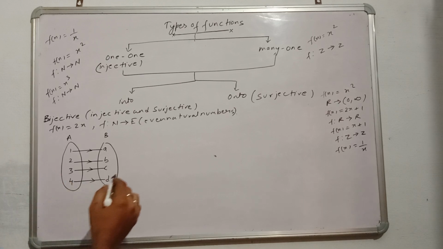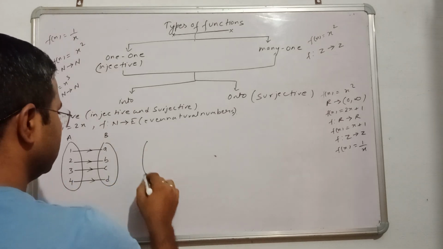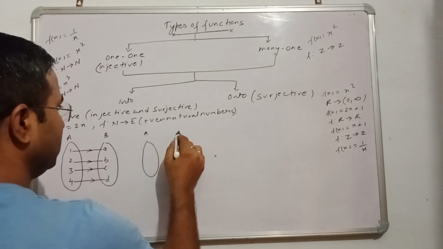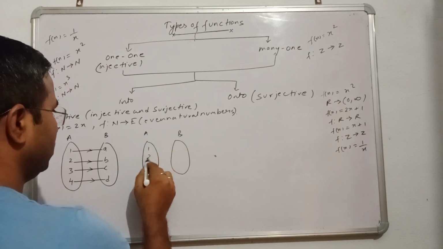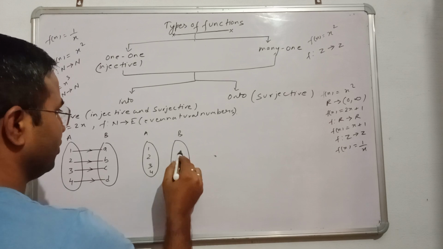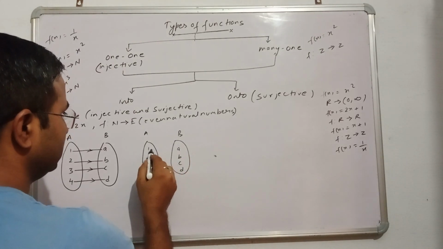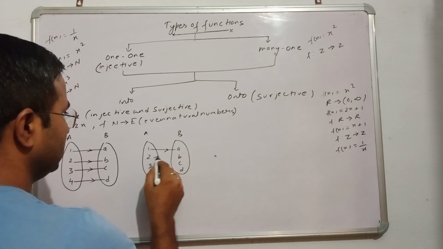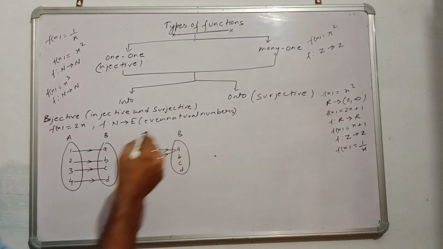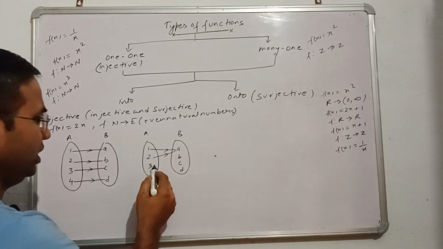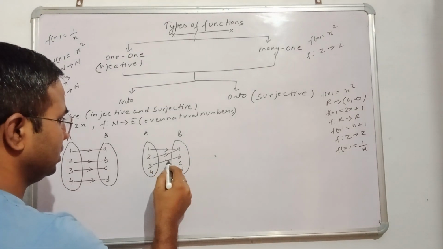Now the second one I am drawing. Suppose two sets are there, 1, 2, 3, 4 and A, B, C, D. Suppose one has unique image A, two has unique image C.